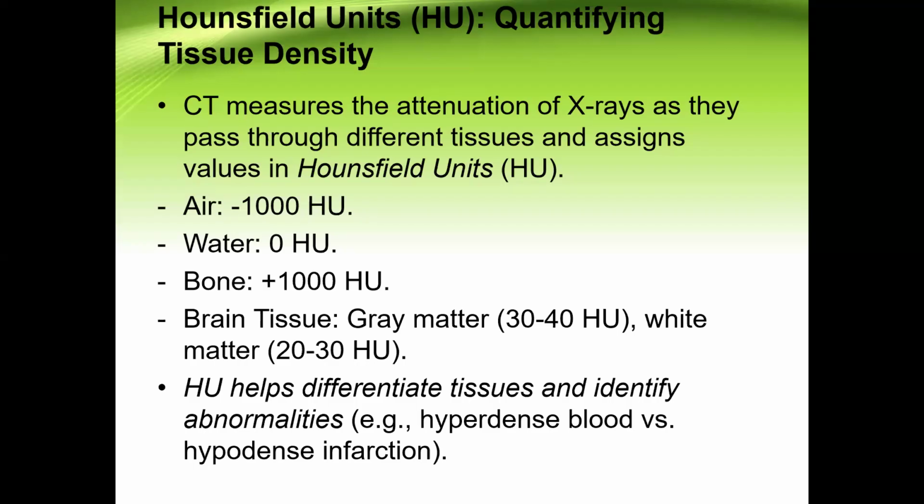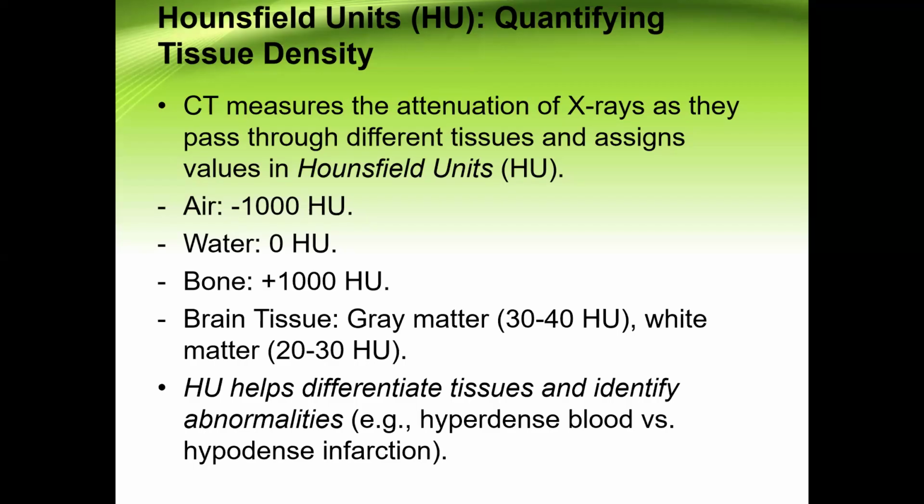So water has 0 HU, that is Hounsfield units, while air is minus 1,000. Bone, which is the most dense most of the time, is plus 1,000 Hounsfield units. In the brain tissue, the gray matter is denser than the white matter, and it has 30 to 40 Hounsfield units, and the white matter 20 to 30.